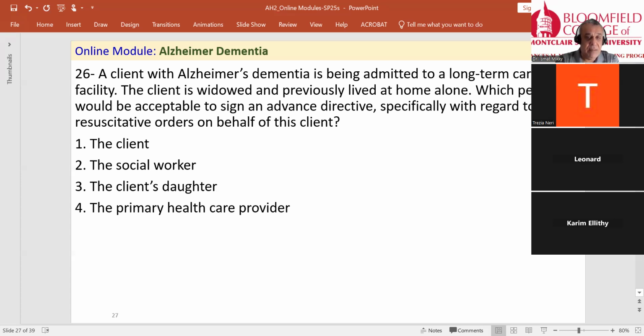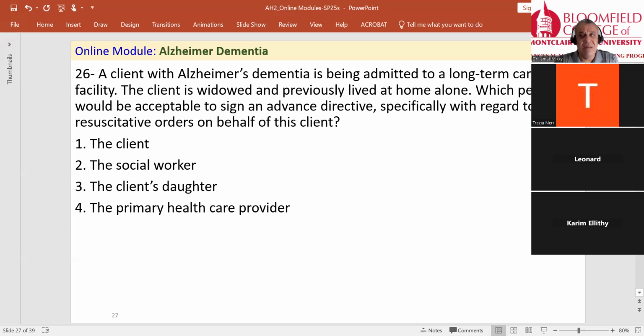Now, with Alzheimer's dementia, option one, the patient cannot, right? Should not be doing that. And options two and four, because the members of the healthcare team cannot make decisions for clients. There are a lot of scenarios around this.